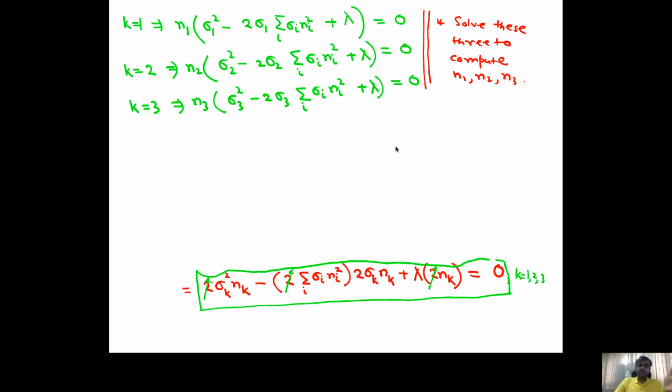So now, if I substitute n1 is equal to n2 is equal to n3 equal to 0, all the equations are satisfied, right?